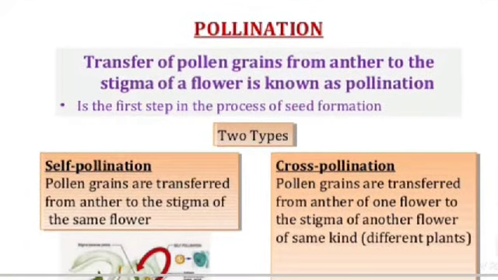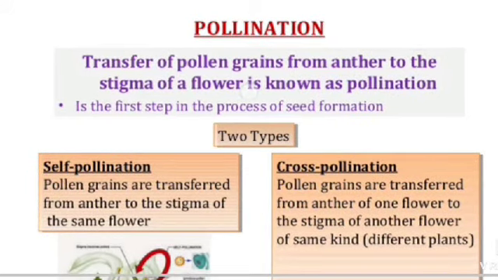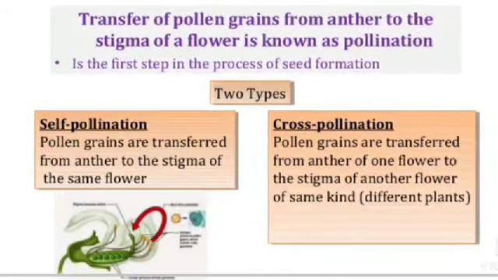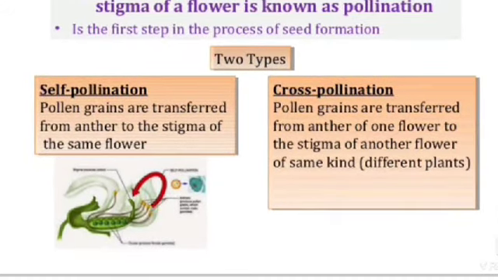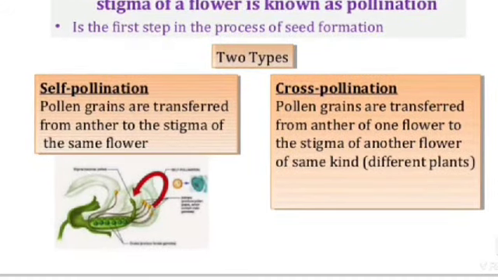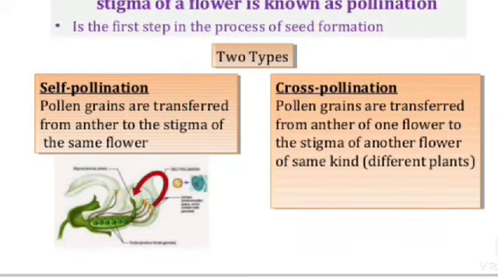Pollination: the transfer of pollen grains from the anther to the stigma of a flower is known as pollination. It is the first step in the process of seed formation. Two types. Self-pollination: pollen grains are transferred from the anther to the stigma of the same flower.